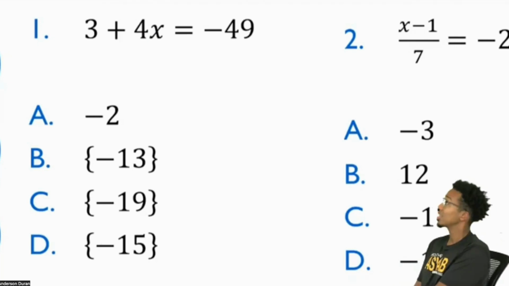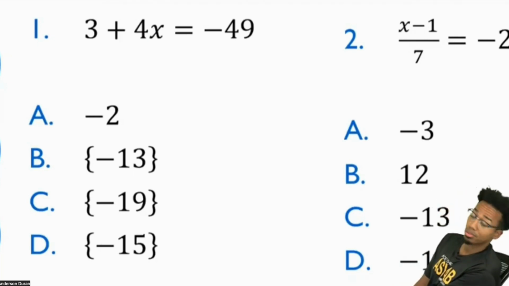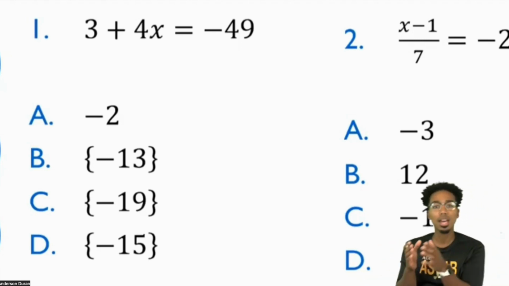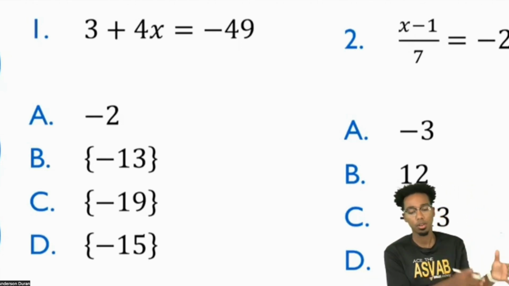For example, looking at 3 plus 4x equals negative 49, first I'll subtract 3 from both sides, then I'll divide by 4 on both sides. Subtract 3 on both sides, we have negative 52. Negative 52 divided by 4 is negative 13. Boom. You'll be able to do that as you keep going forward.